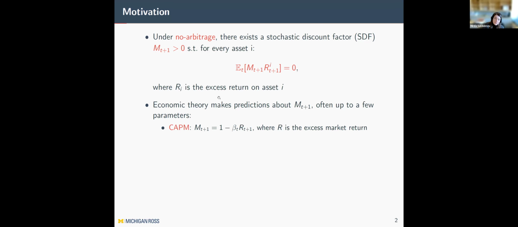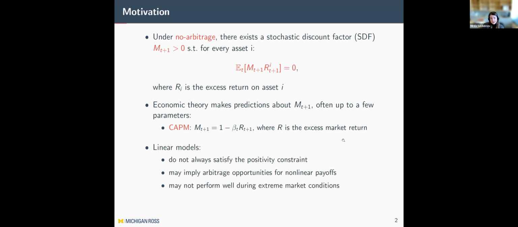So you could have some states of the world in which this linear model could become negative. Why is this a problem? Why should we care about it? Well, it turns out that if this linear model becomes negative, then it could imply some arbitrage opportunities for nonlinear payoffs.